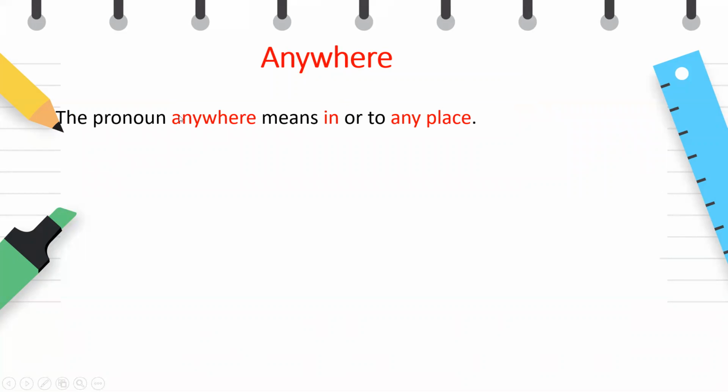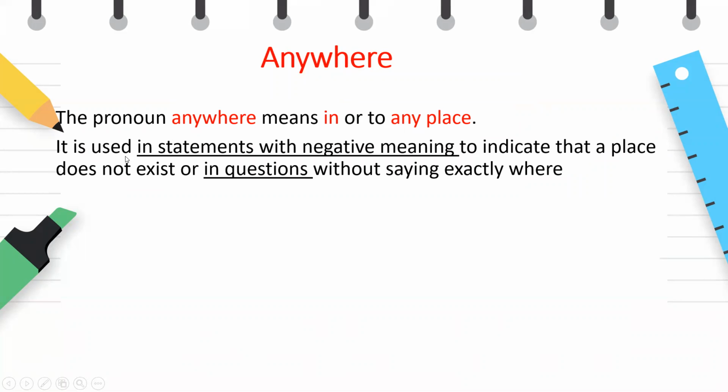Anywhere. The pronoun anywhere means in or to any place. It is used in statements with negative meaning or negative sentences to indicate that a place does not exist, or in questions without saying exactly where, like in the examples.